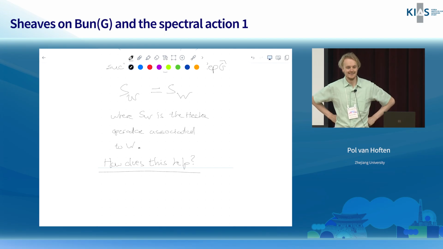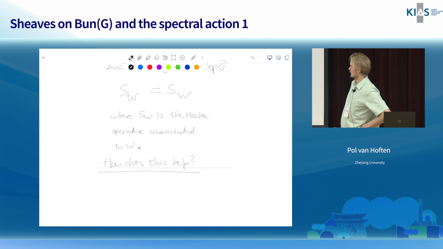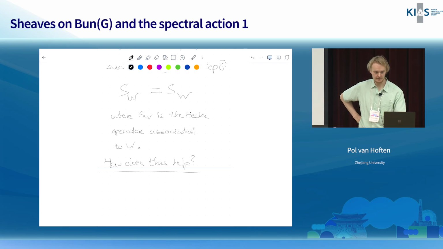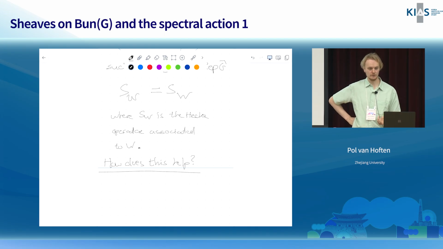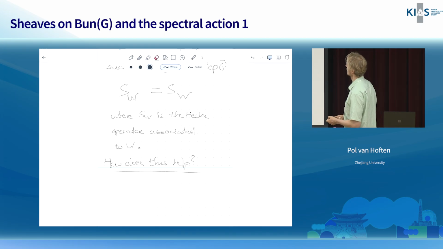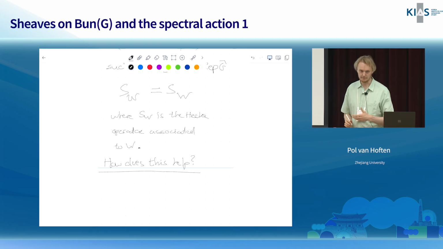No. I will not have time for this, but there is a characterization of the spectral action, but then you have to keep track of these Weil group actions as well. And maybe you'll see in a moment how the Weil group action is used to get this, and then you'll see that there is something more needed. Okay, so how does this help?